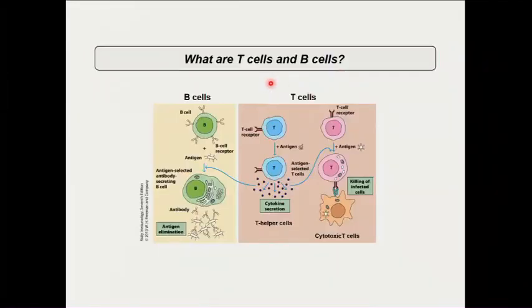Okay, so now I try to give a bit of an overview about T cells and B cells. So here in green we have the B cells, and here in blue and in red we have the T cells, so B, T. The developing B cells show the antibodies they will later produce as plasma cells already on the surface.